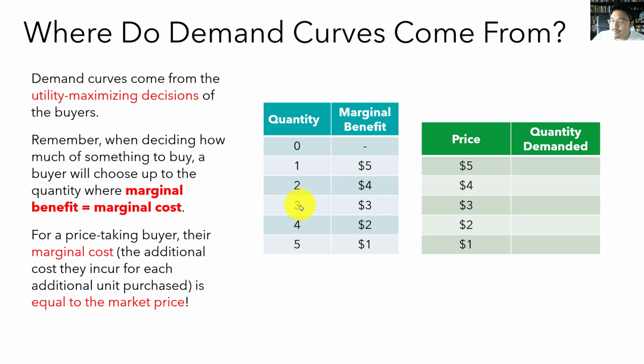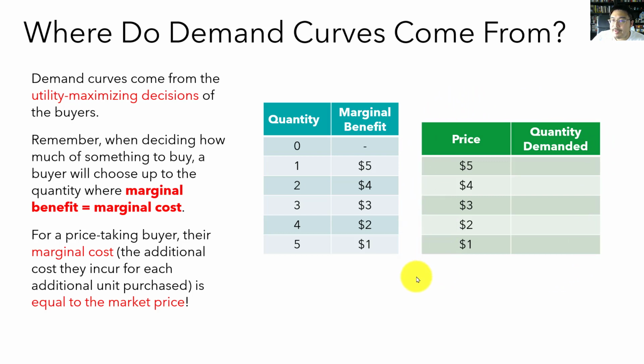As he goes from 2 to 3 units, his marginal benefit of the third unit is $3, and so on. Okay, so the marginal benefit of the fourth unit is $2, and the marginal benefit of the fifth unit is $1. Okay? And so using the principle that they're going to choose up to the quantity where marginal benefit equals marginal cost, we're going to be able to use that to construct this person's demand schedule.